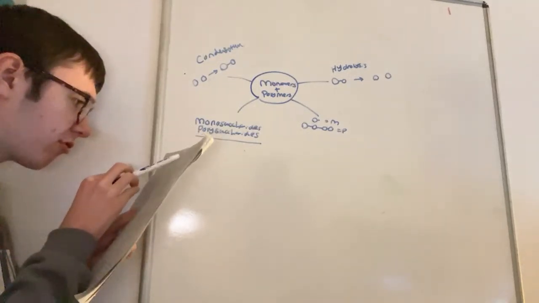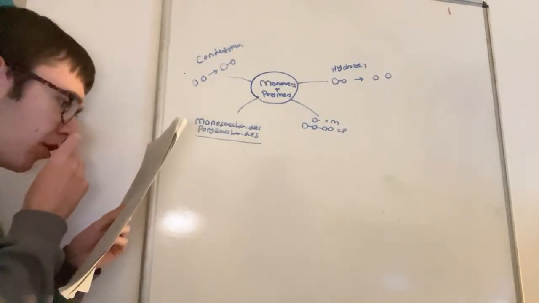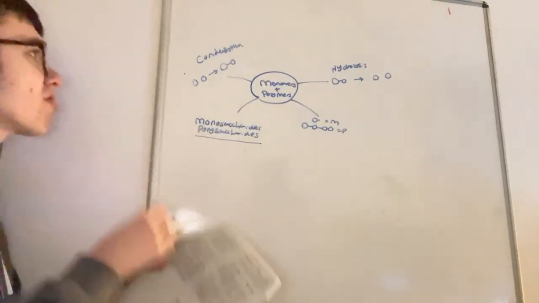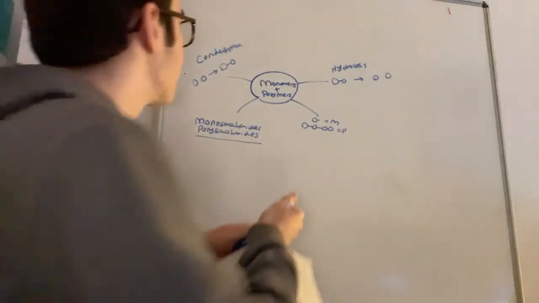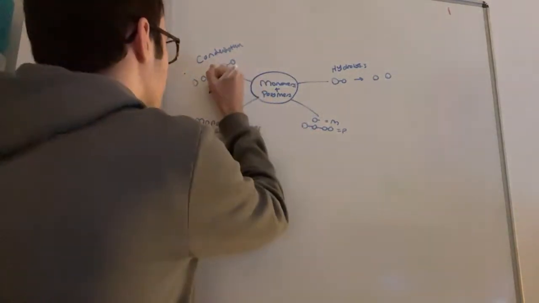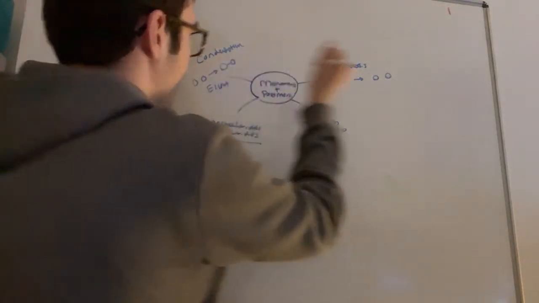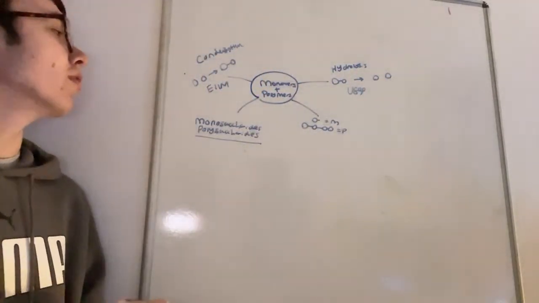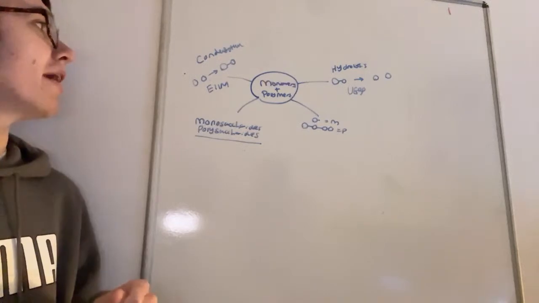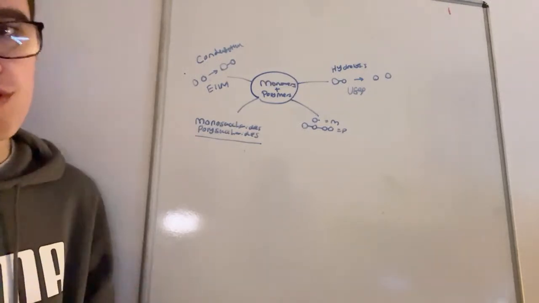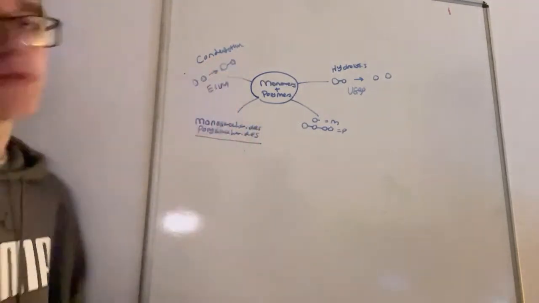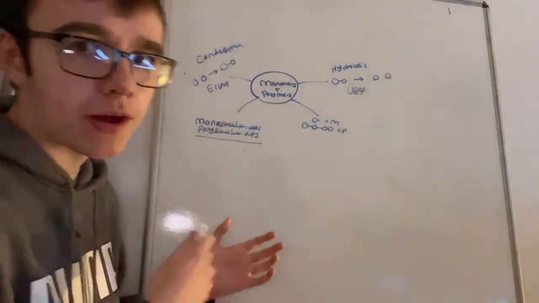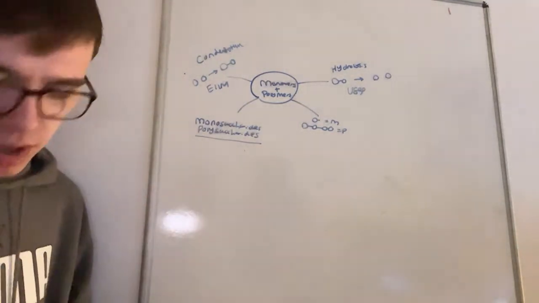Chemical process in which two molecules combine to form a more complex one with... Okay, so that eliminates... And that uses... So hydrolysis uses a water molecule. Condensation eliminates a water molecule. Interesting. I always thought it formed one, but no, I'm clearly wrong there. So, my apologies.